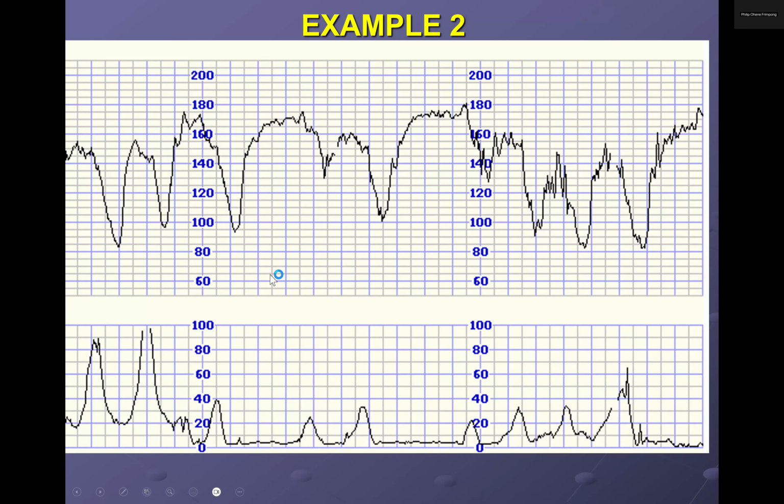This is tricky. What do you think, Philip? Quite tricky. For baseline, I would say in the 170 range. Well done. Because the mistake which can be made in this case is that we don't recognize that the baseline rate, as you rightly said, is 170, and mistake it for about 100.